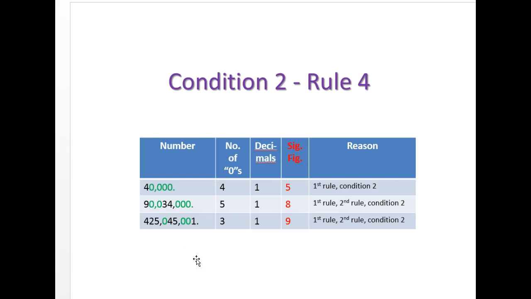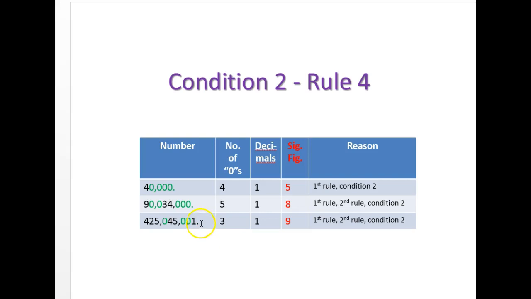And in the third one, again, this zero and these two zeros are significant, and the significance comes from rule number 2. But because of the decimal, we also have to include condition number 2. Although without the decimal, it will still be the same.